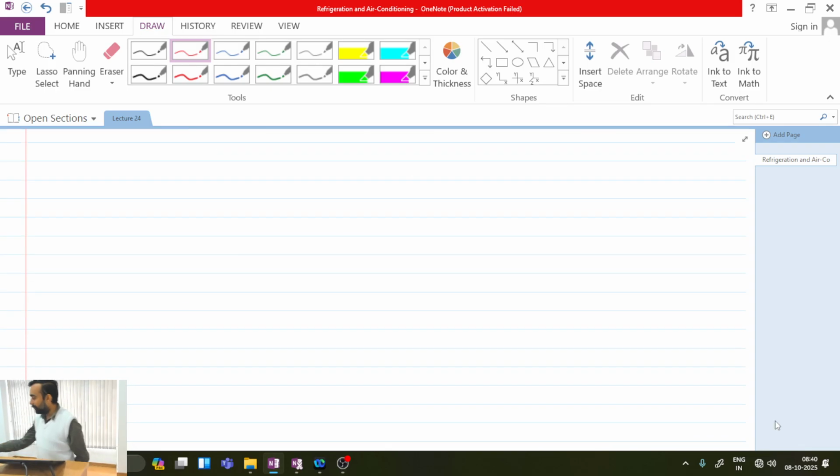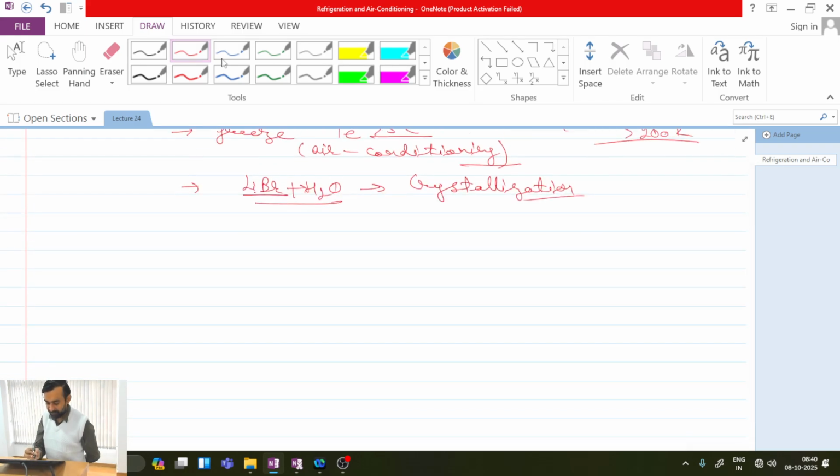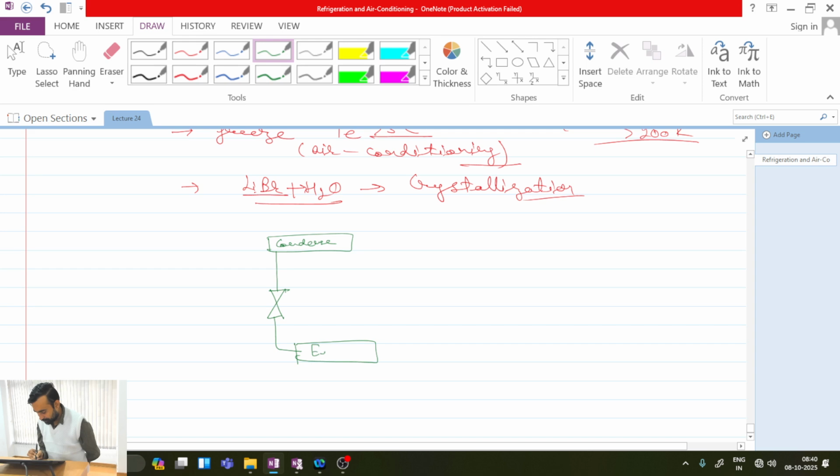Let me quickly draw the system also, because this will be a very simple arrangement. I will be having condenser. After condenser I will be having expansion valve. Then I will be having evaporator. Then I will be having absorber.